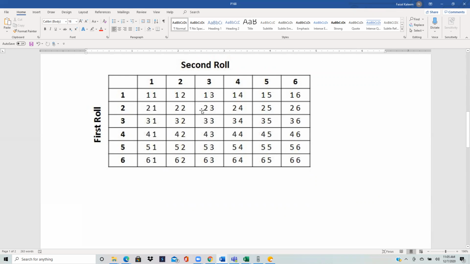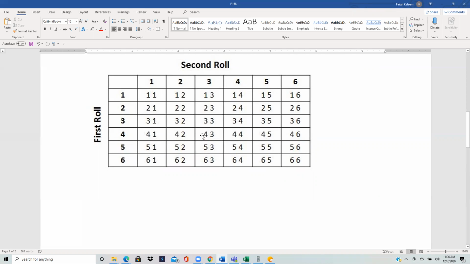And out of these 18 points, half of them have the first component odd. First component odd is the event A. So like these three, 1 2, 1 4, and 1 6, are the ones where the sum is odd and the first component is odd, which means the first die is odd. But in 2 1, 2 3, 2 5, the sum is odd, but now the first one is even.